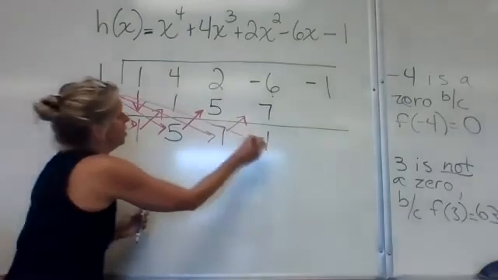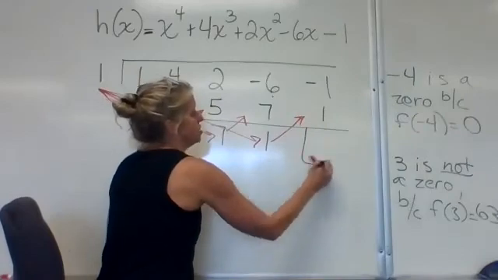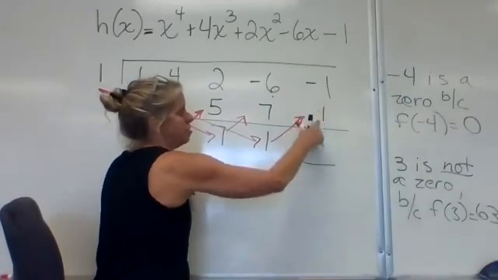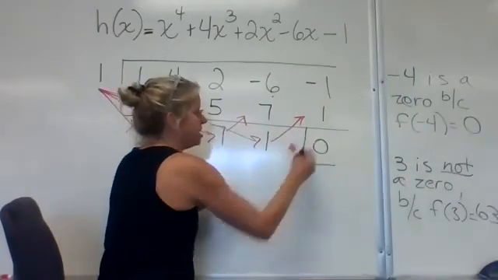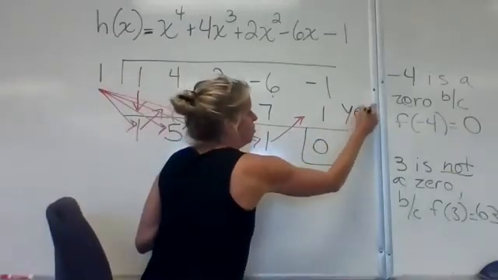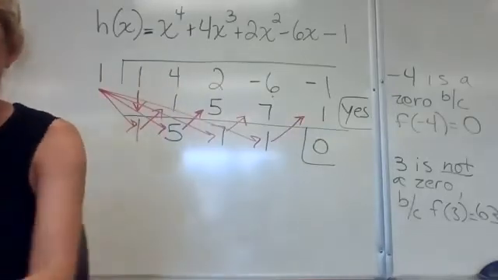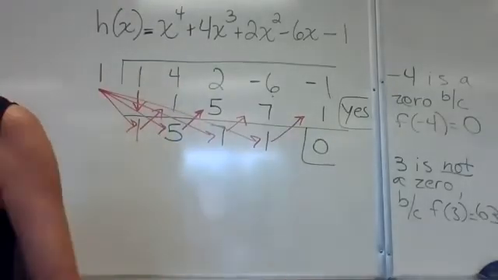So now I have 1 times 1, which gives me 1. When I combine this with this last number right here, negative 1 and 1 is 0, which means, is 1 a 0, or in other words, an x-intercept of that function? And that answer is yes, it is.